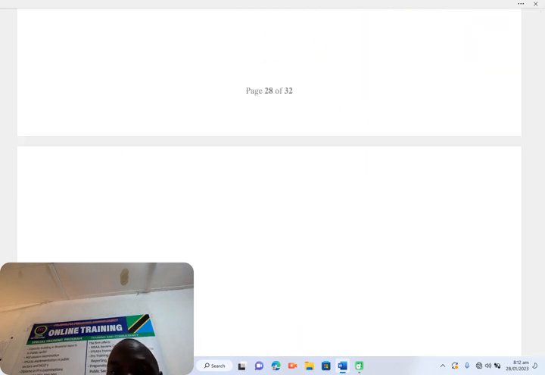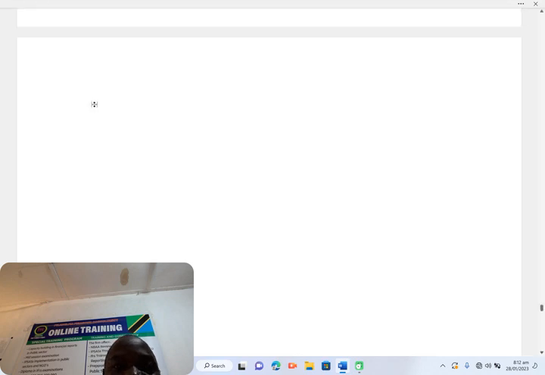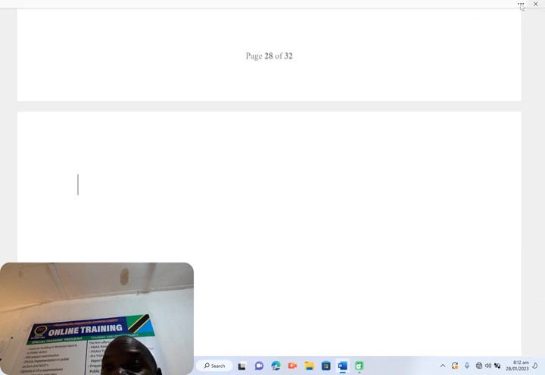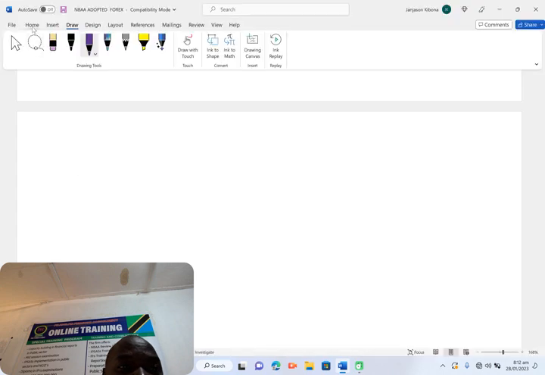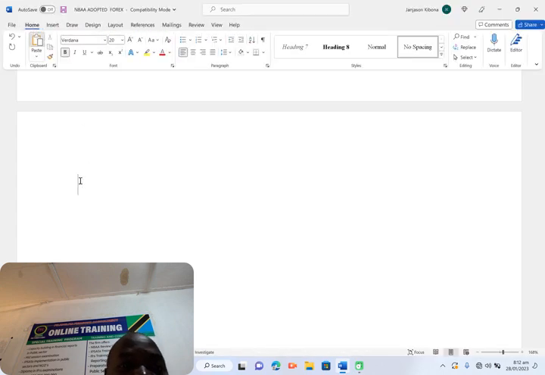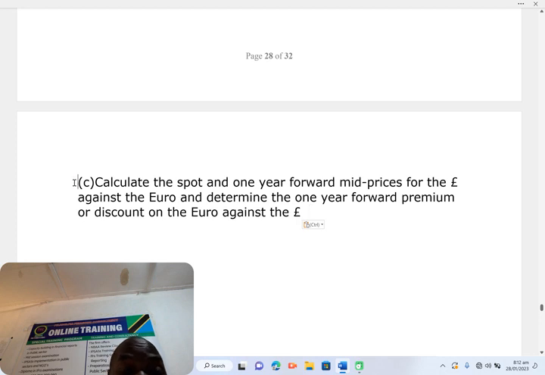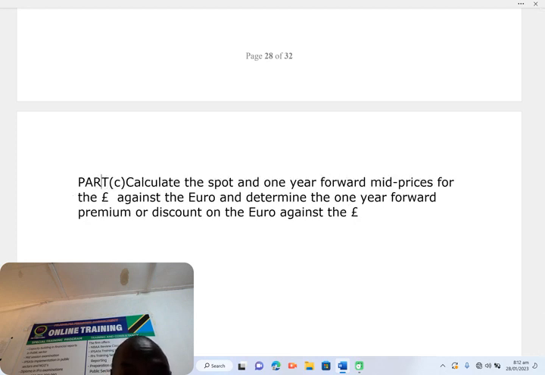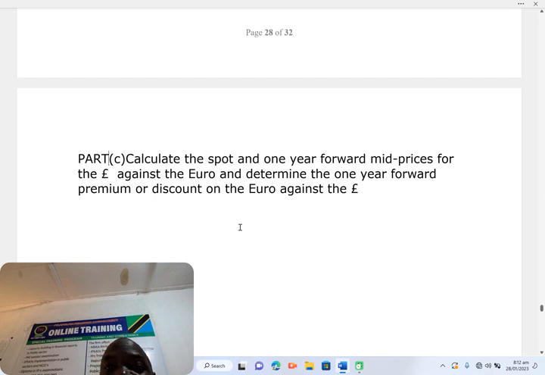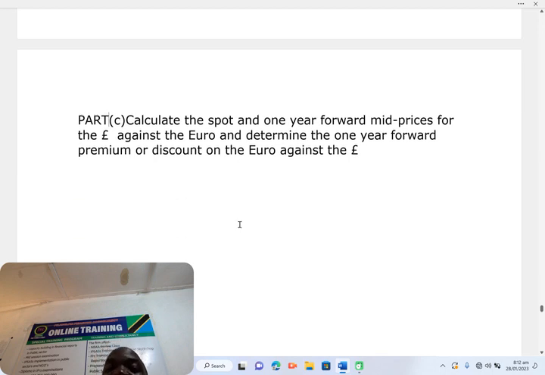For part C, the last one so that you can rest, because this kind of drilling is serious. Now when you say you will do the solving, you meet cases like these. Here, what does it say? It says: calculate the spot and the 1 year forward mid price for pound against euro.